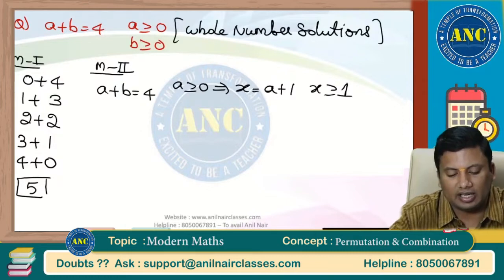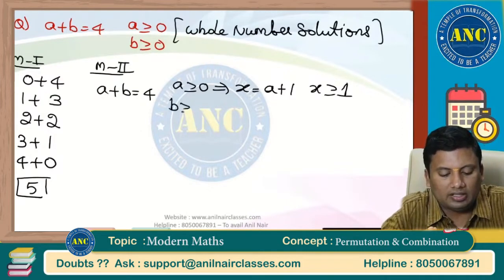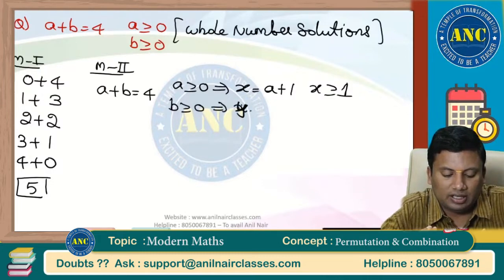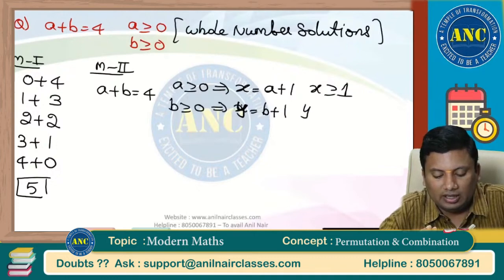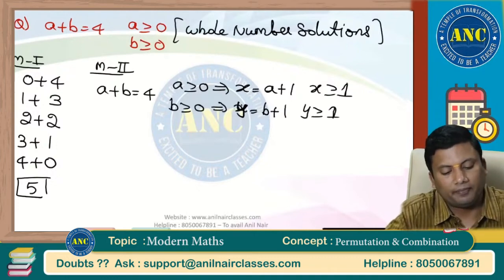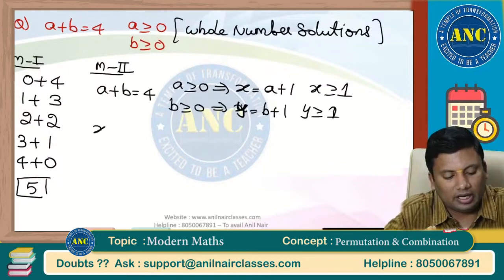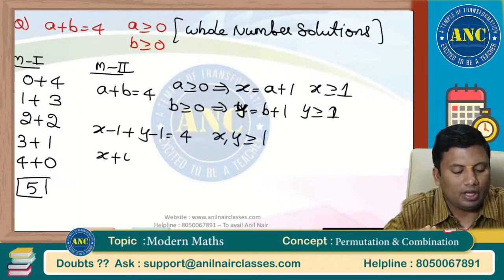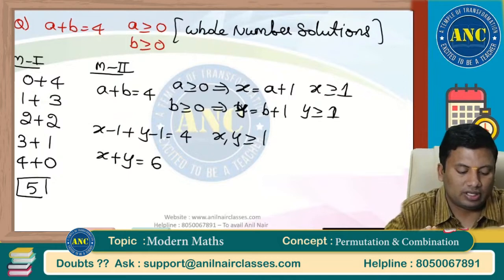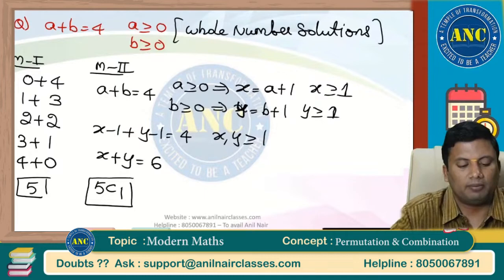B is greater than or equivalent to 0, so I will replace it with another variable, Y is B plus 1. So Y is greater than or equivalent to 1. So A will become X minus 1, B will become Y minus 1, equivalent to 4. X, Y greater than or equivalent to 1, X plus Y equivalent to 6. 6 is nothing but 5C1.